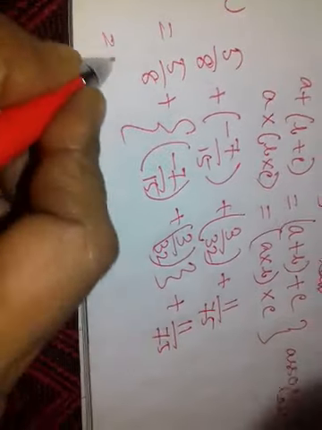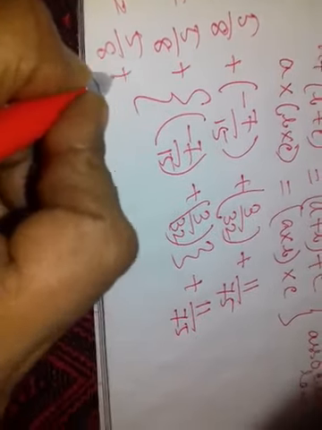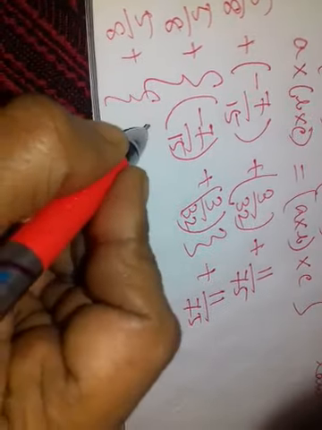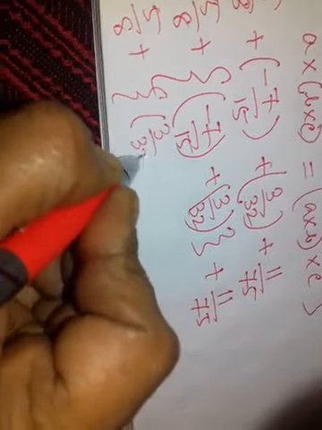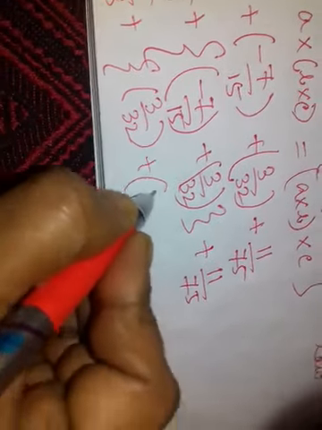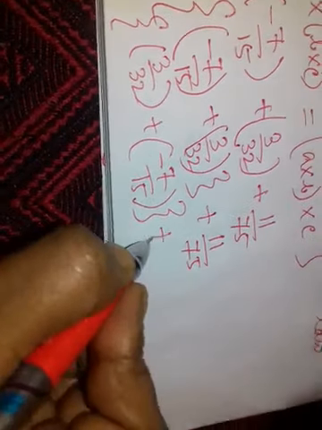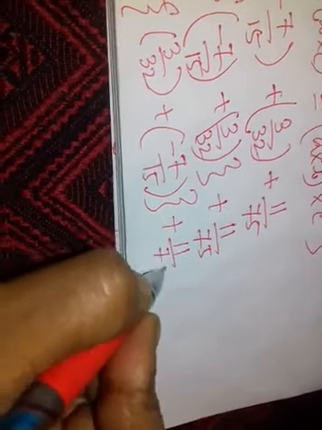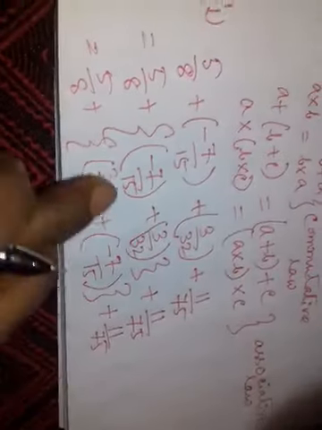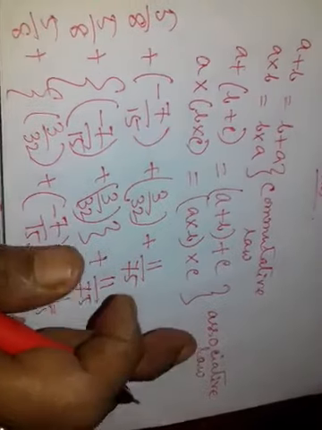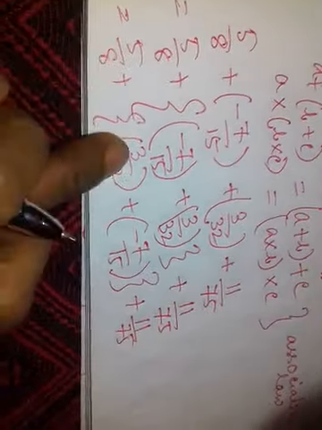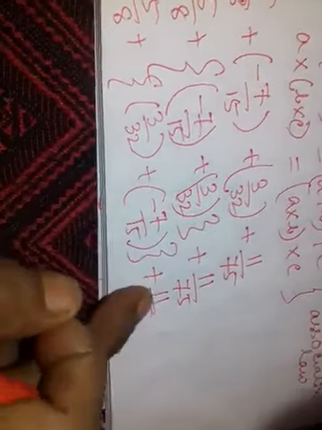So write 5 by 8 plus within bracket 3 by 32 plus minus 7 by 15, plus 11 by 75. Now these can be expressed following associative law.